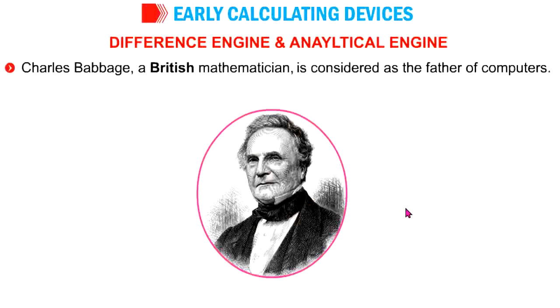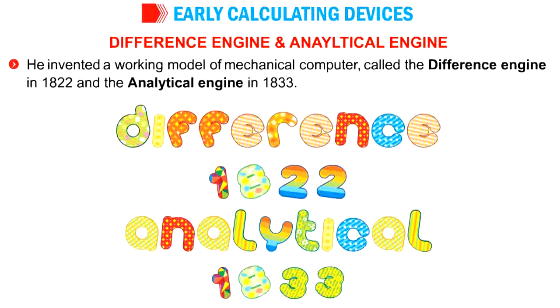Next one is the difference engine and analytical engine. Charles Babbage, a British mathematician, is considered the father of computers. Who is considered the father of computers? Charles Babbage. In the 19th century, Charles Babbage invented the first mechanical computer, called the difference engine.